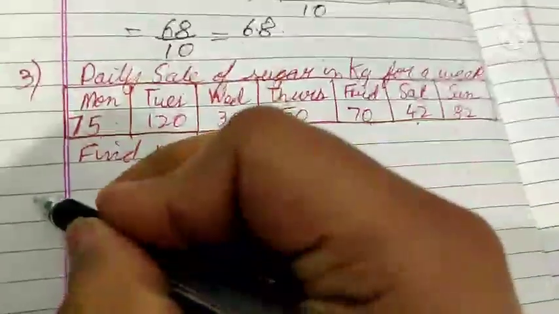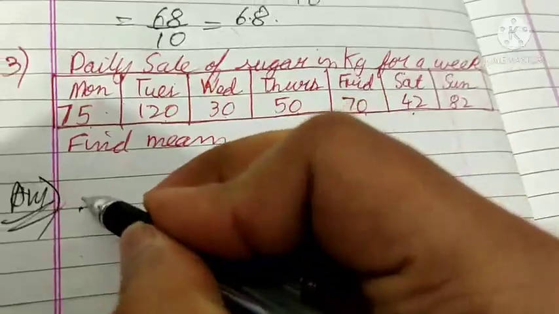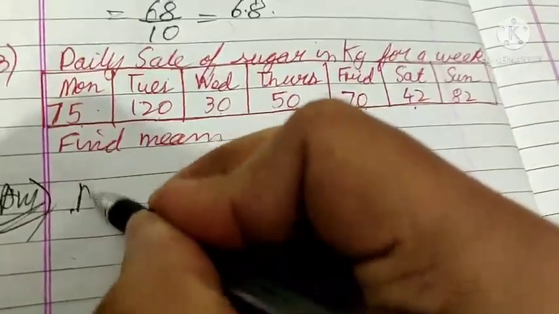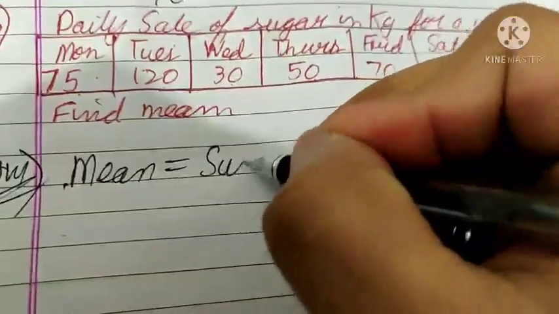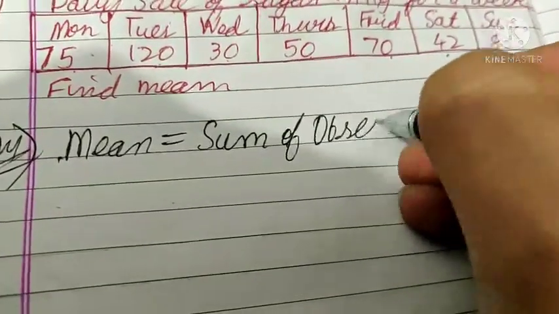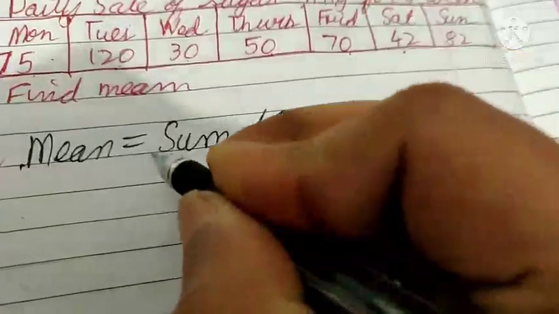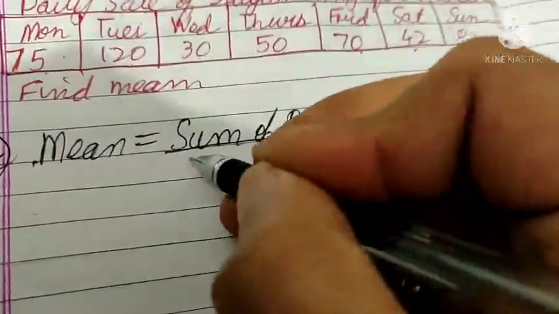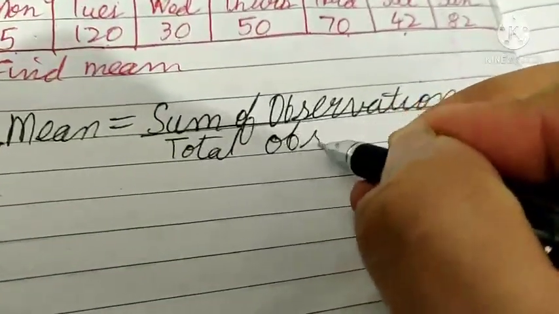So for finding the mean of sale, mean is the sum of observations, that is the sum of total sugar sold upon the total number of observations.